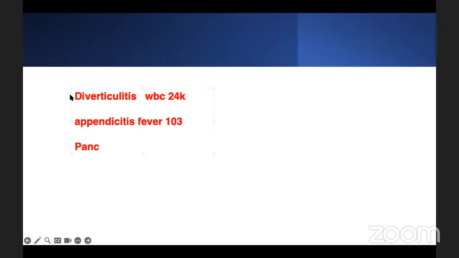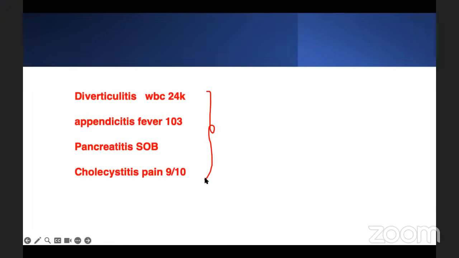You have pancreatitis, and I give you shortness of breath. You have cystitis, and I give you pain 9 out of 10. Who do you want to see? Who is your priority? Which of these patients do you want to intervene on?